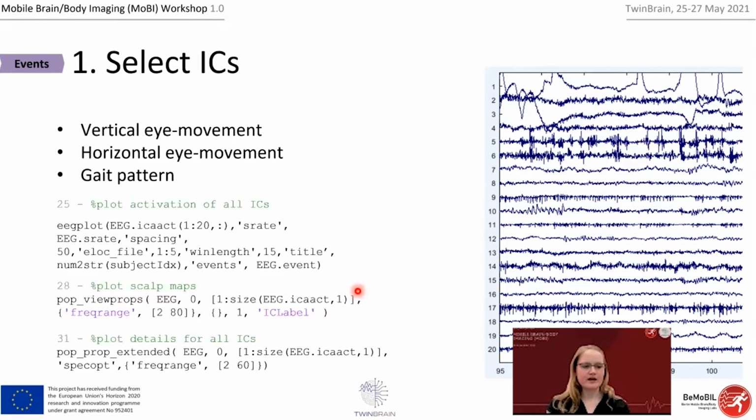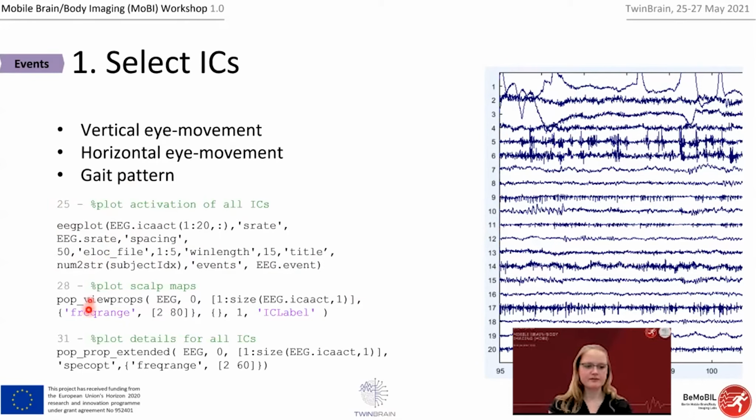So those are the 3 patterns that we want to find today. And how this is done here, you can see in the script. So we have some EEG plotting, which is actually preparing the plot here. This is just the EEGLAB function for plotting the ICA activation.